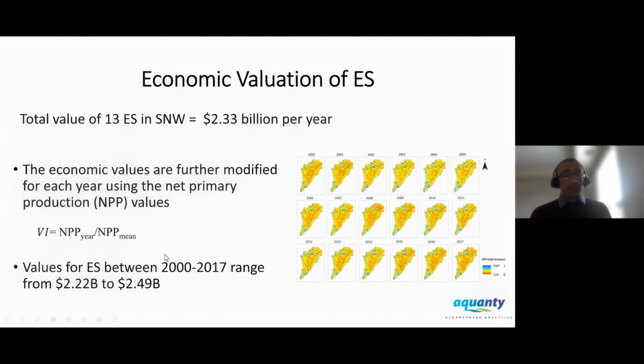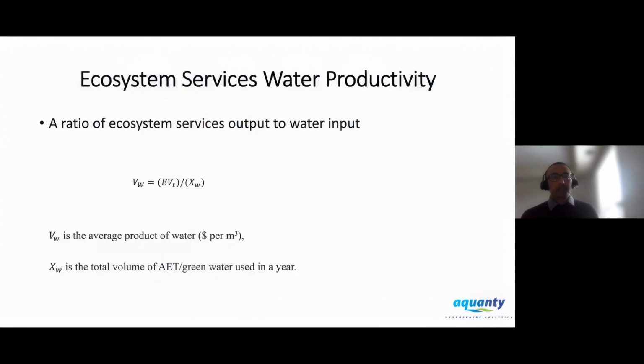So now we have the economic values of ecosystem services and the total water which was used towards ecosystem services supply. And now we can compute the water productivity. This is basically the total value of ecosystem services divided by the total water used towards the supply of those services. So basically, this is the value of ecosystem services per unit use of water.